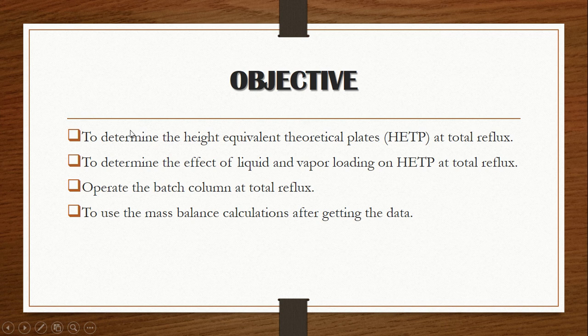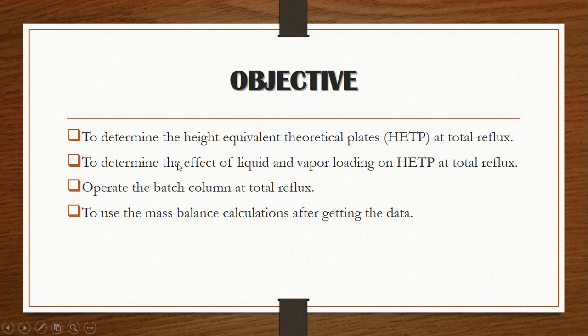The objective of this experiment is, first, to determine the height equivalent to a theoretical plate, which is HETP, at total reflux. After we run the experiment, we get to know the HETP.